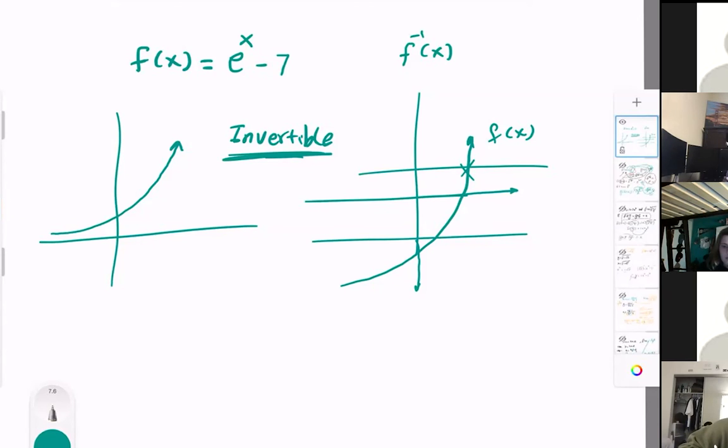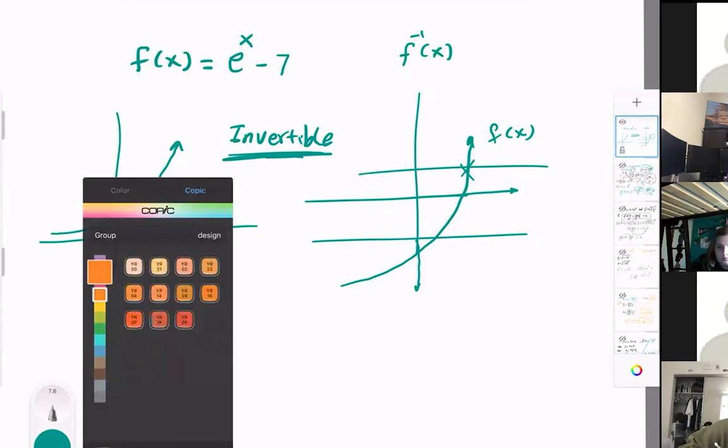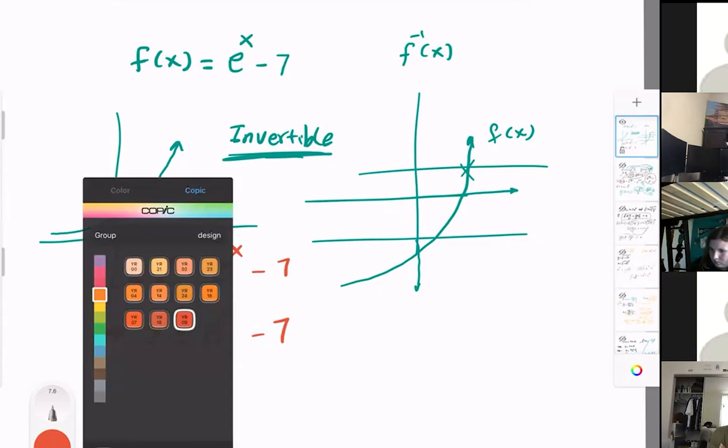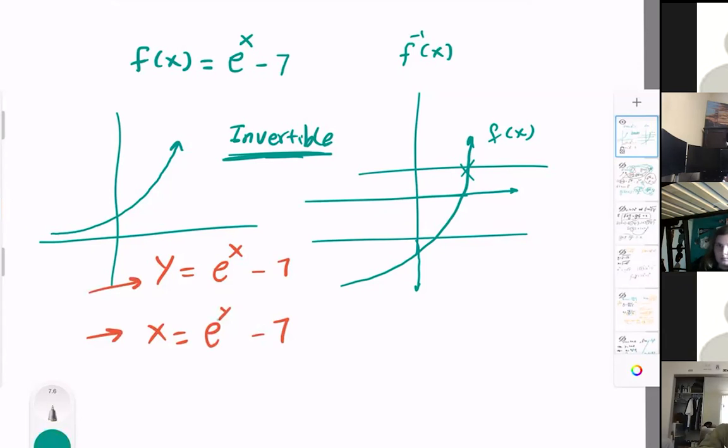Benaz. Okay, let's try. You should be right. So y equal to e to power of x minus 7. First step: x equal to e to power y minus 7. Second step is switch x and y. And the last step is solving for this y.